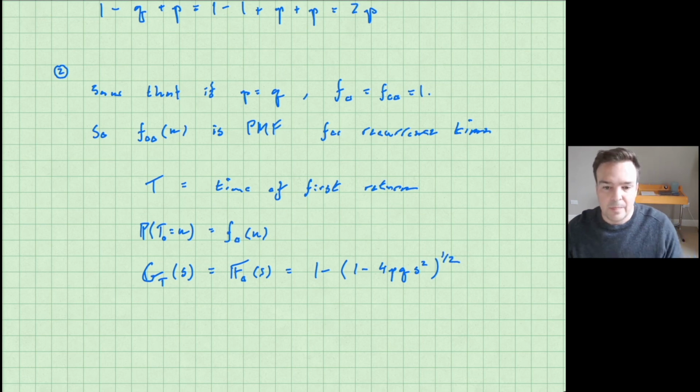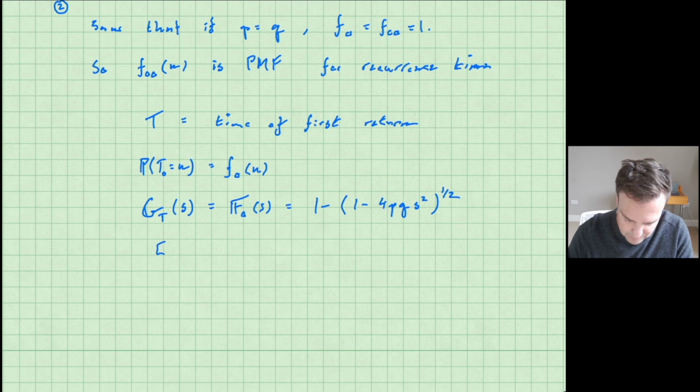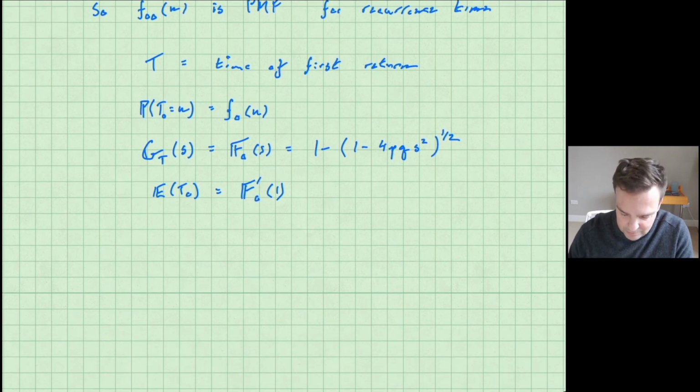All right. And then the expected value of this random variable is the generating function, its derivative evaluated at s equals 1. Okay, and so we'll take that derivative.